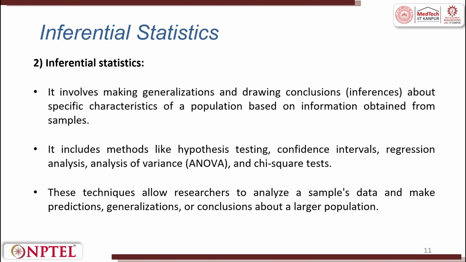Then comes the other type, that is inferential statistics. It involves making generalizations and drawing conclusions or inferences about specific characteristics of a population based on information obtained from samples. It includes methods like hypothesis testing, confidence intervals, regression analysis, analysis of variance, chi-square tests, etc. I will cover some of these methods here in this week.